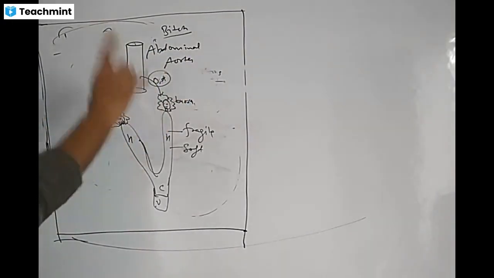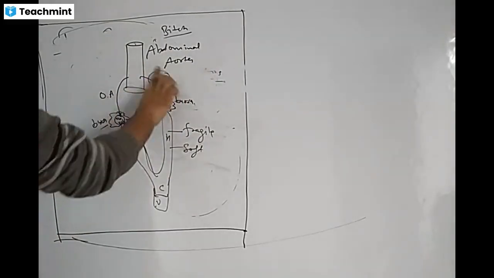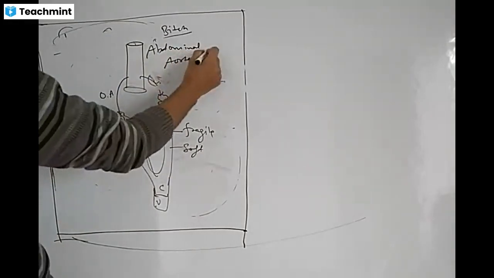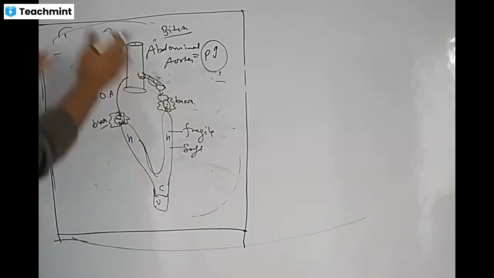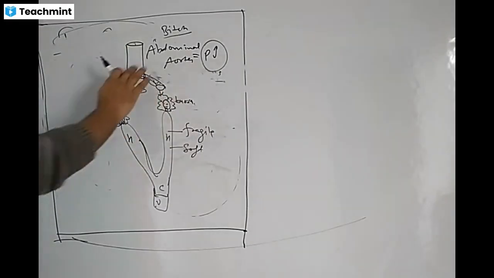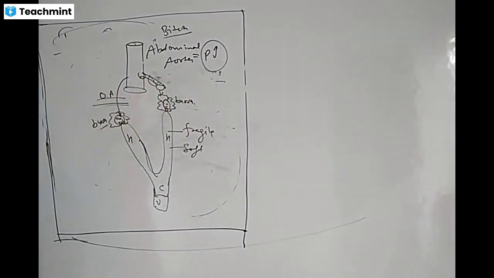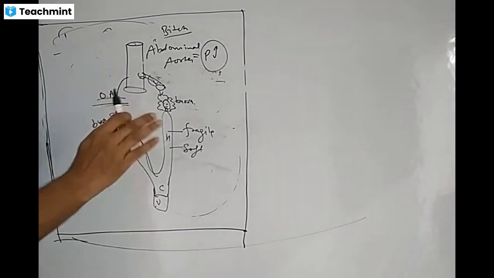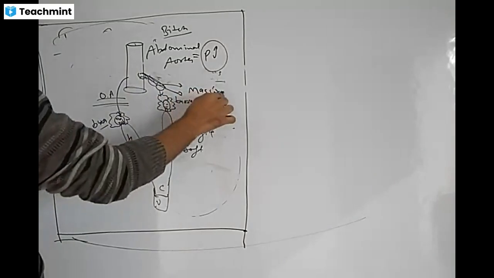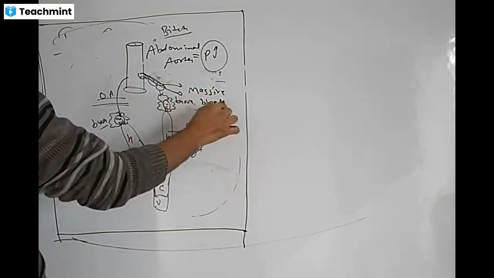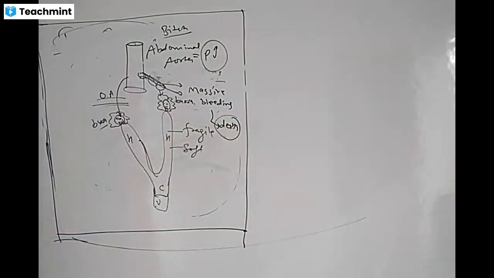If you handle this structure roughly, then it will tear off. The pressure in the abdominal aorta is high, and the branches coming directly from the abdominal aorta also have high pressure. So if you handle this tissue not gently, but roughly, there will be massive bleeding, which may cause death of your bitch.